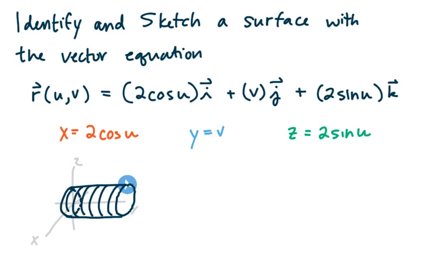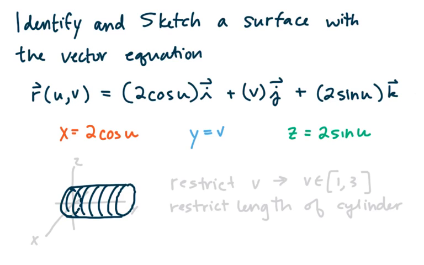If I restrict v, then I would be restricting the length of this cylinder. So say I restricted v to be between 1 and 3, we might only be looking at a shorter cylinder in here. There's my cylindrical shape if I have restricted it.